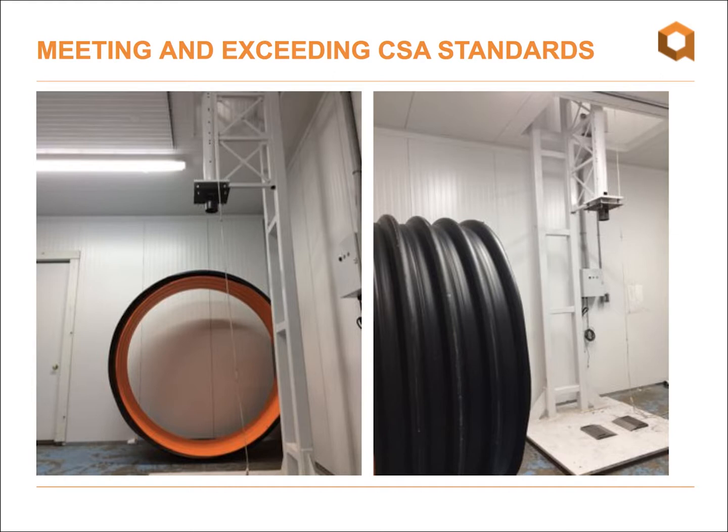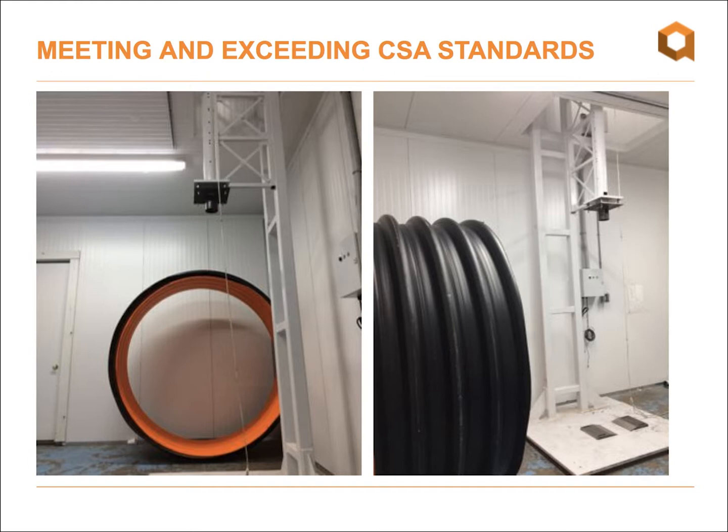Part of the reason is that CSA standards have a built-in requirement that pipe samples be preconditioned at 0 degrees Celsius before they undergo testing. So this is a sample of our next generation steel reinforced polyethylene pipe in a freezer that was built at our manufacturing facility before the pipe will undergo the impact test.